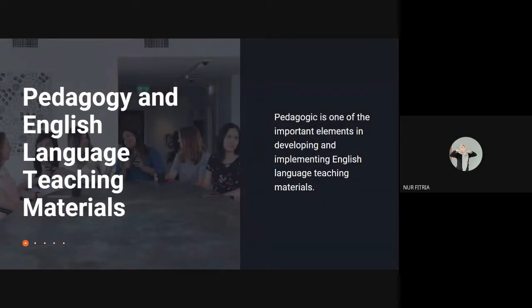Okay, thank you. And the point 3 of this chapter is pedagogy and ELT materials. Pedagogy is one of the most important elements in developing and implementing English language teaching materials. This article is based on a study which states that English teachers should improve pedagogy. One example of this pedagogy is teacher professionalism by not putting too much emphasis on social culture.